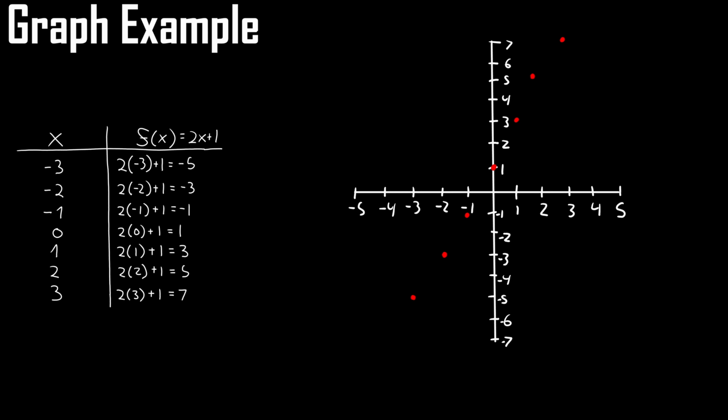Each x on the x-axis corresponds to exactly 1 point on the graph. When we connect the dots, this will give us a straight line. This visual confirms that f of x is a function, and the graph passes the vertical line test.